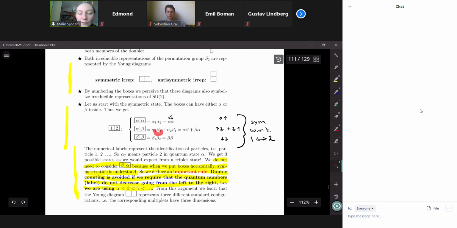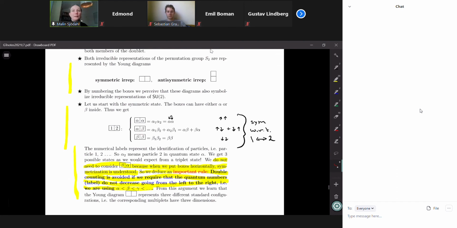Now I should symmetrize with respect to my particles here. So I have alpha 2, beta 1. So I swap the labels 2 and 1. Or going back to my default ordering, always writing the second state in second position, I would have beta alpha simply. This is clearly also symmetric. And in the same way, I can take beta with beta and have a symmetric state. So I can let both my particles be in the state beta. If I swap the two particles, obviously I have the same state.